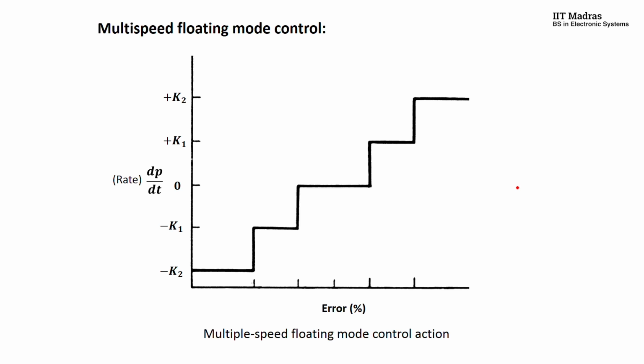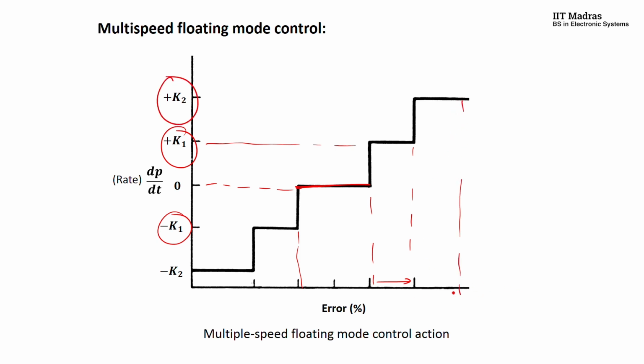So here you see that dp by dt is 0 in this error band. And now, as the error band is increasing up to some value, the rate is given as plus k1 or minus k1. If the error is increasing much more than that, the rate is increasing further.